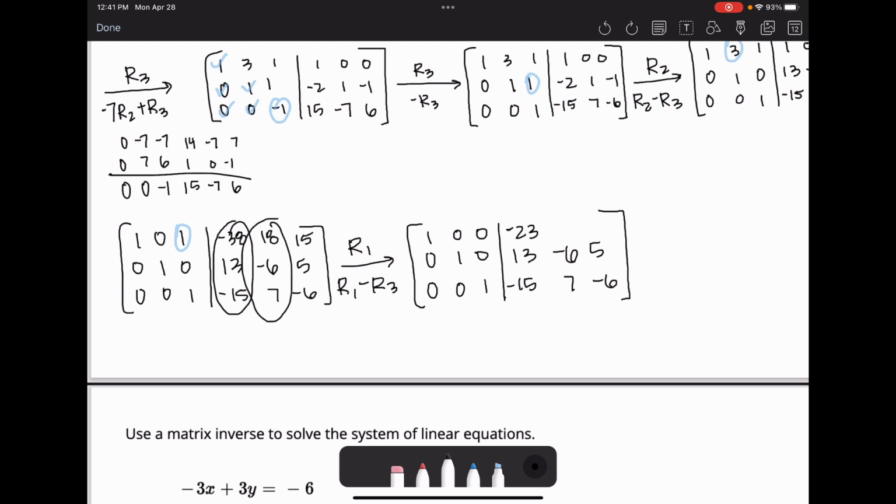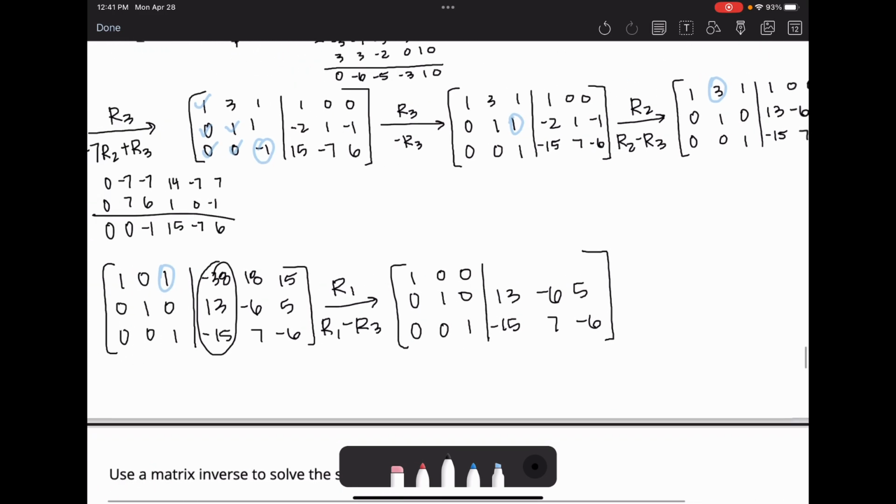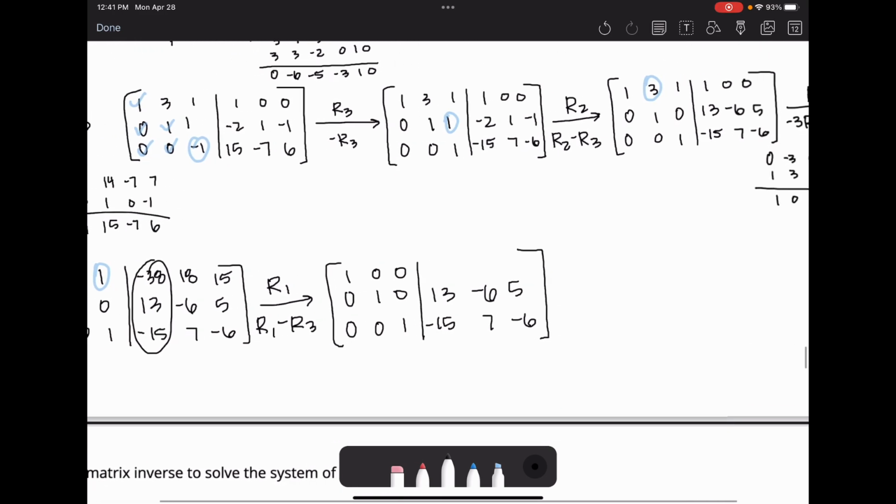This one, I don't like that I can't erase that. Can I? I don't know. Nope, it's fine. 18 minus 7 is 11. And 15 minus -6. It's 23, right? Did I miss something? It's different than the key that I have.